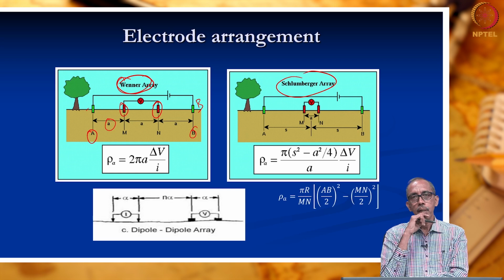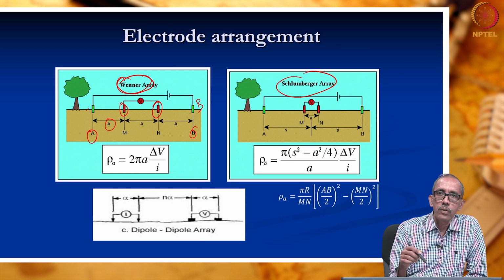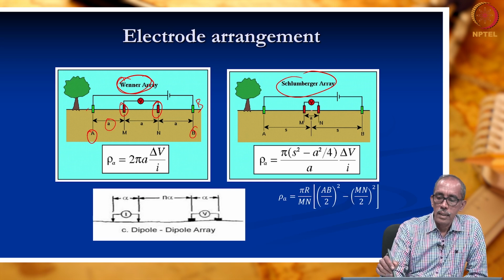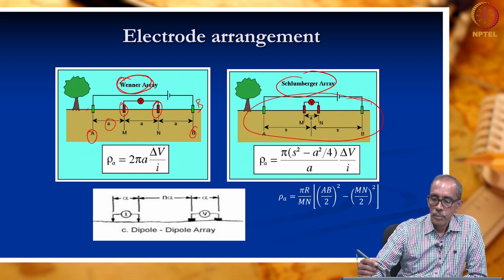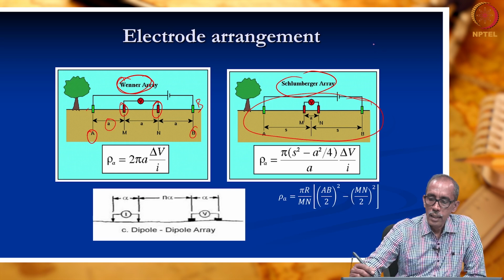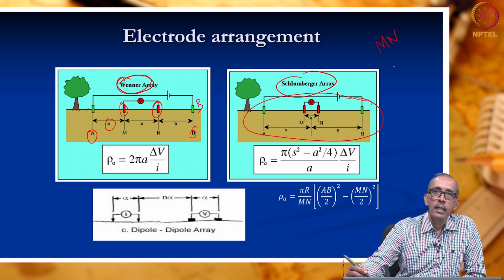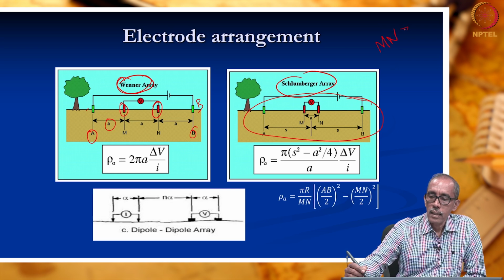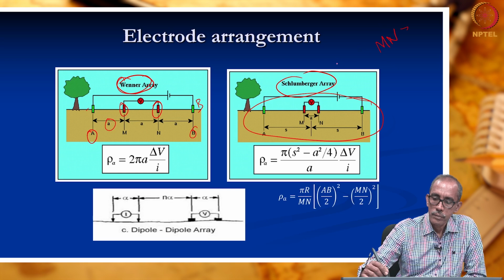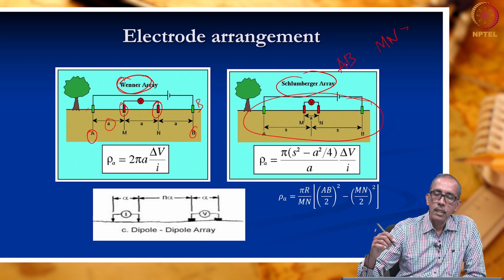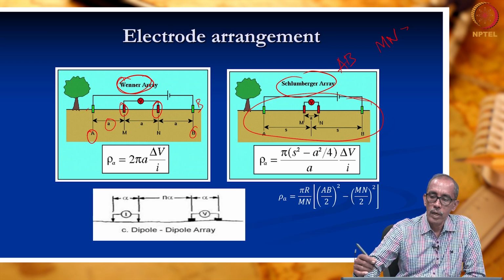Now let us see the next method of arrangement, which is the Schlumberger arrangement. According to his research and suggestion, the distance between the electrodes is as you see in this picture. Very simply, we can put it like this: the distance between the electrodes M and N is related to the distance between A and B. What is the relation?